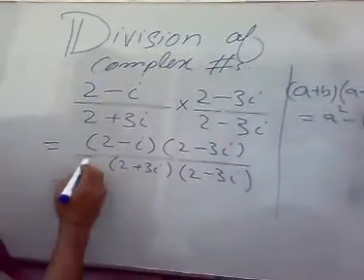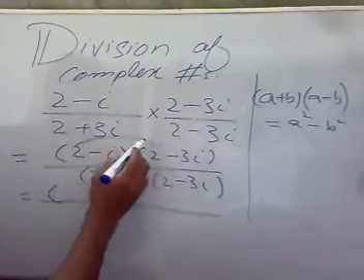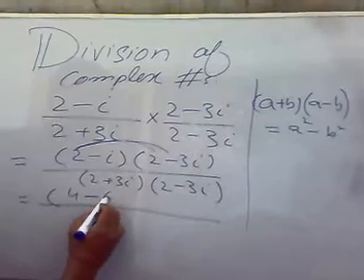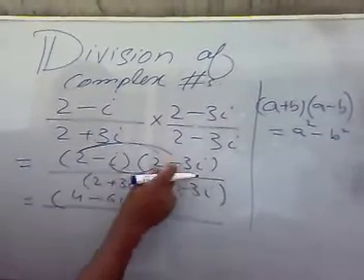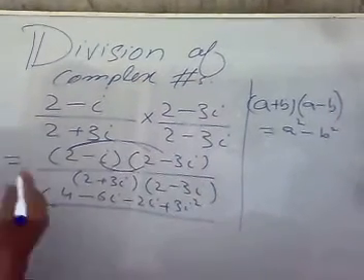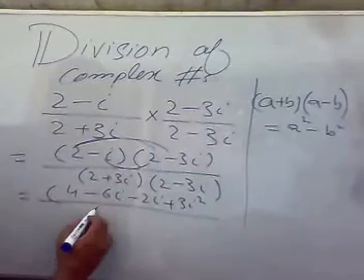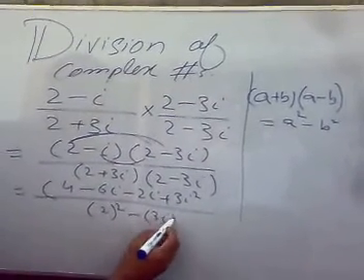So here we will perform the multiplication as we studied in the previous lecture. It would be something like 4 minus 6 iota minus 2 iota plus 3 iota square, and the denominator will be solved with the help of this formula, and it will be 2 square minus 3 iota square.